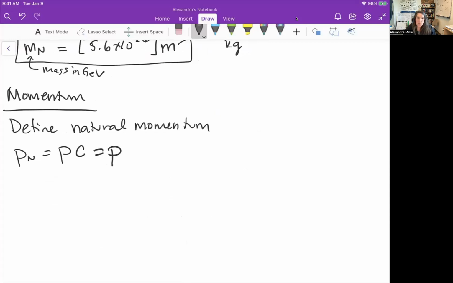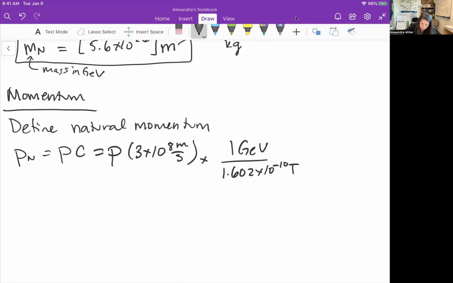So this is equal to our momentum, whatever it is. I want to leave that as a variable, times 3 times 10 to the 8 meters per second. If I give you the momentum in kilogram meters per second and multiply it by the speed of light in meters per second, that gives us joules. So we want to instead, again, multiply this by 1 GeV divided by 1.602 times 10 to the negative 10 joules.